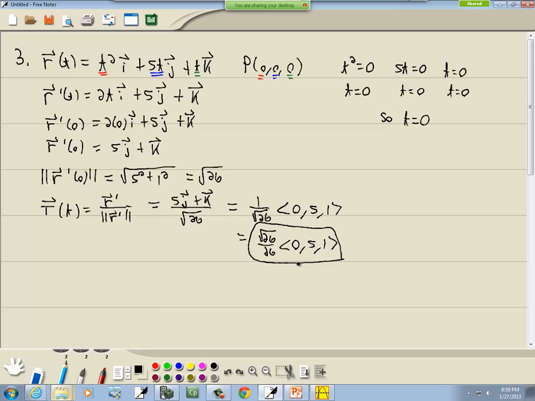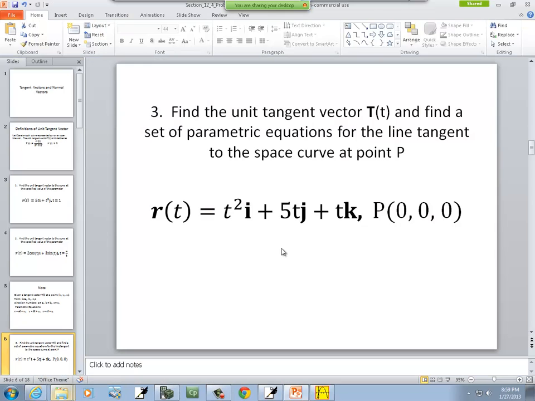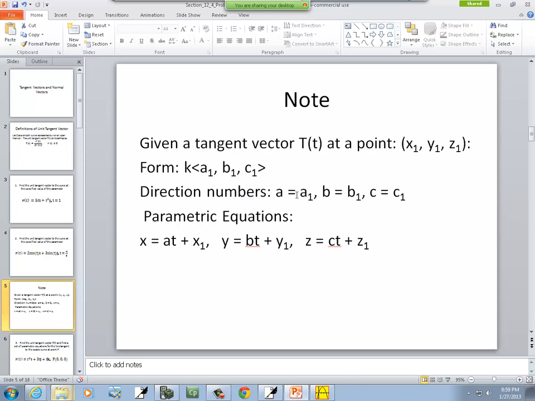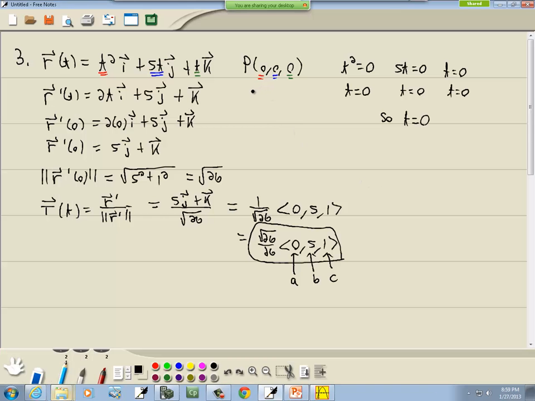Well, from that, they're going to give us our direction numbers. This is A, this is B, and this is C. Well, this up here, this is our x1, this is y1, and this is z1.